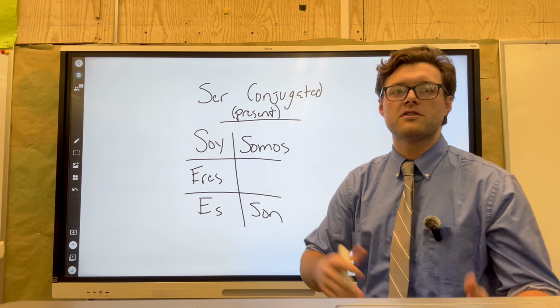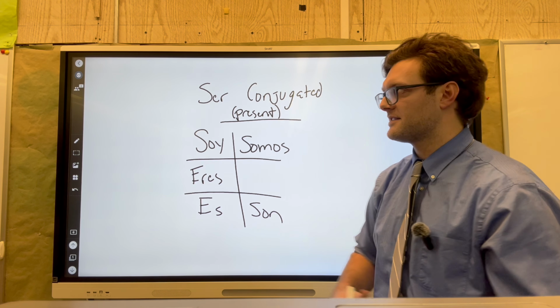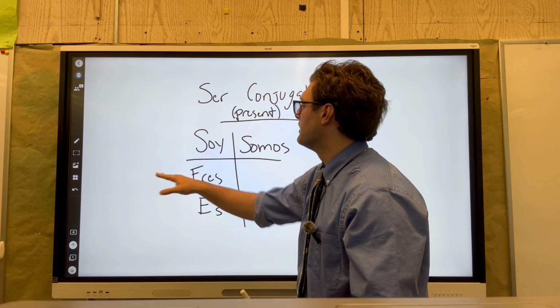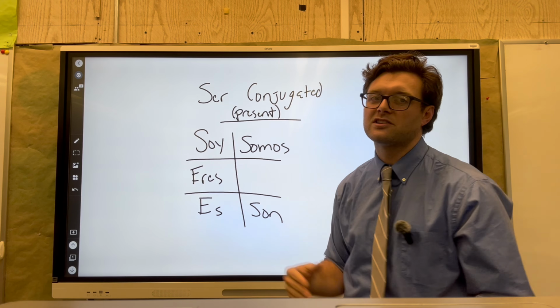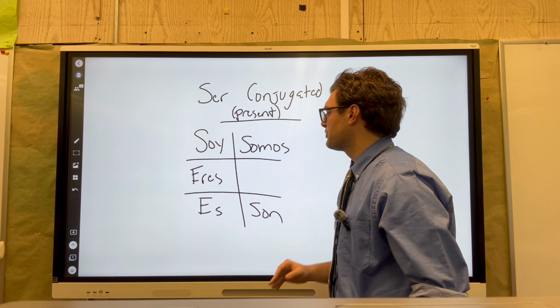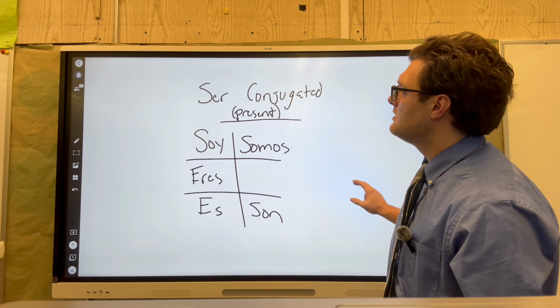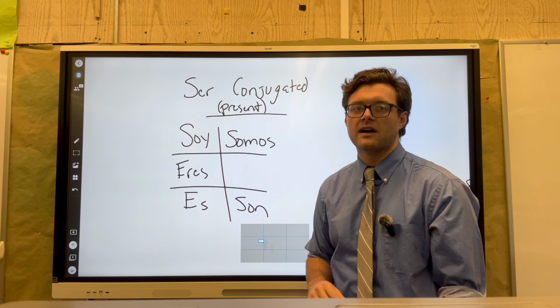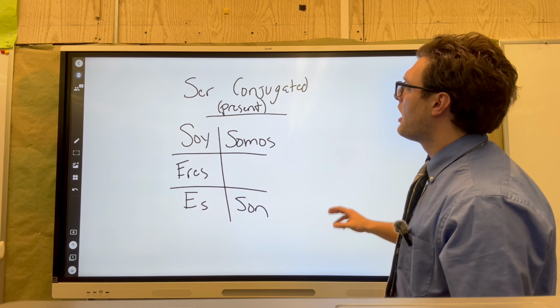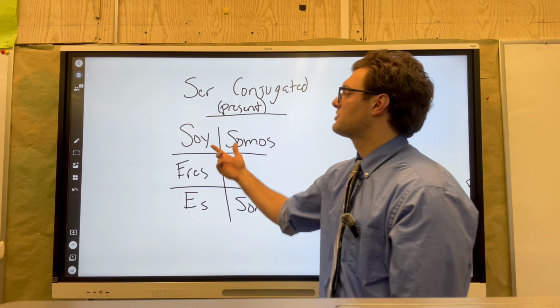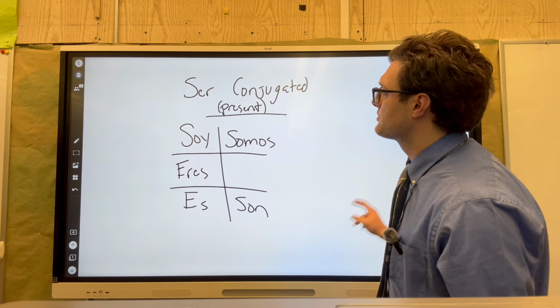First person, second person, third person plural, third person singular, things like that. So really it says "soy," but it's yo soy, tú eres, él es, ella es, usted es, nosotros somos, ellos son, ellas son. We exclude the subject on these because they're not needed. As they are translated for each one, it's intuitive. People know when I say "soy," I'm referring to myself. I don't have to say "yo soy."